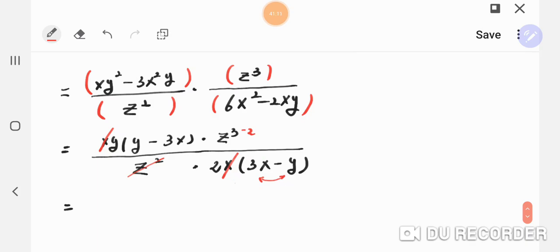Then we can get rid of this and replace it with a negative sign. So the answer will have the negative sign moved to the front. The numerator has y and z as leftover factors, and in the denominator they're all gone except 2. So the answer will be negative yz over 2.